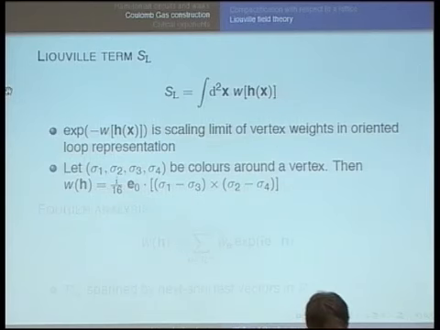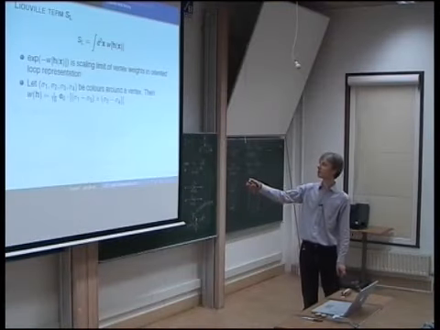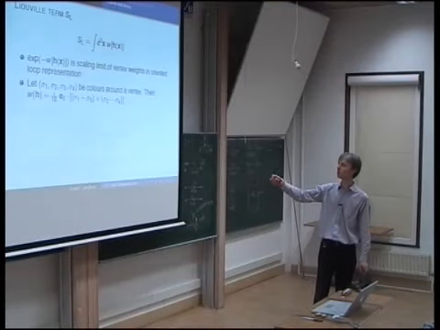So finally, there's the third term, the Liouville term, which is going to be the continuum limit of my microscopic vertex weights. Suppose I write as sigma 1 through 4 the colors around a vertex. Colors are A, B, C, and D's in some permutation. Then you can show that the microscopic height can actually be written in this neat way.